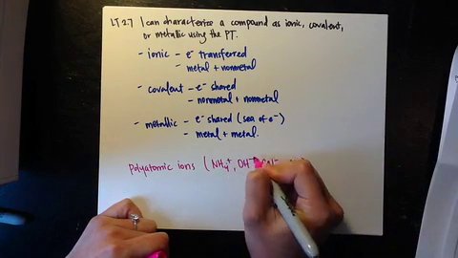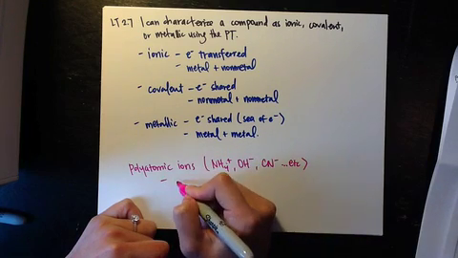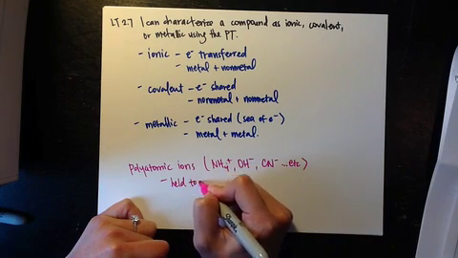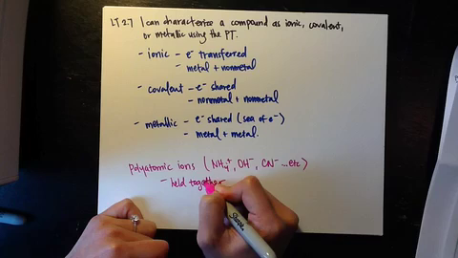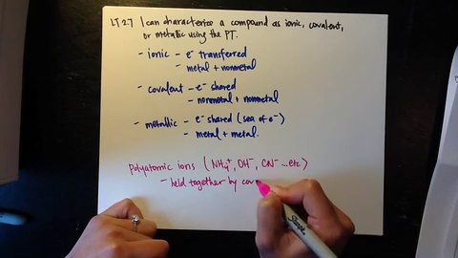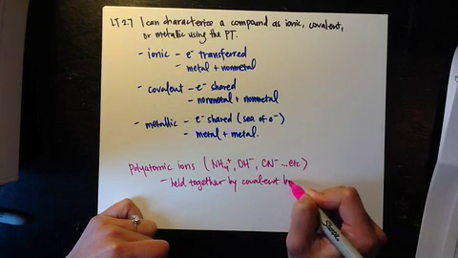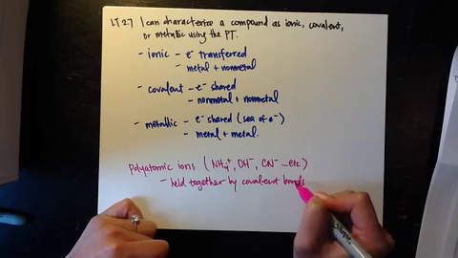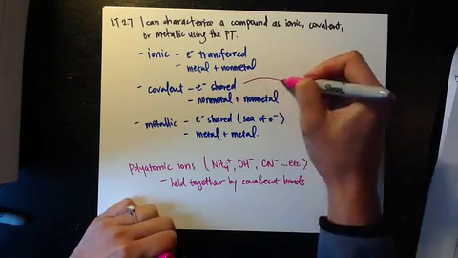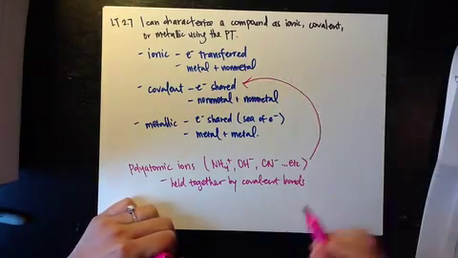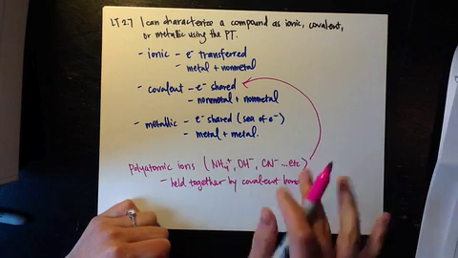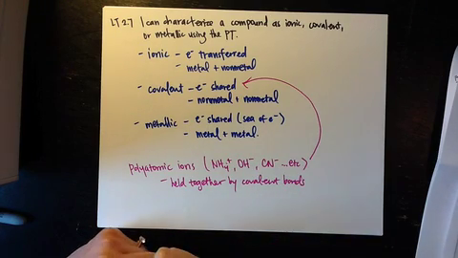Just because it has a charge does not mean it's ionic. These are held together by covalent bonding, which means that for them, electrons are shared as well. All right, so just in case that shows up, you'll know how to answer it.